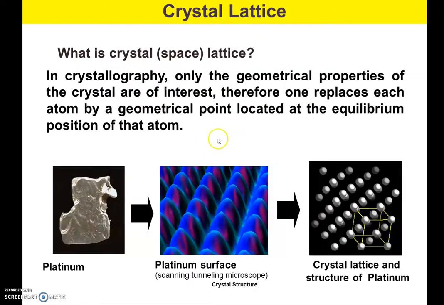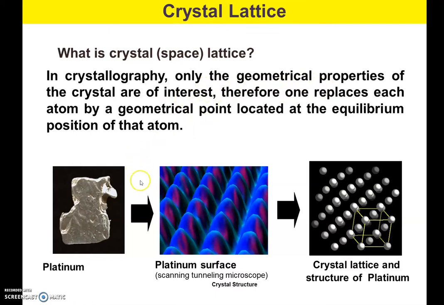And so to understand different types of crystal structures, the first thing we have to understand is what is a crystal lattice, or a space lattice. When we are dealing with crystallography, we are concerned with the geometrical properties of the crystal.